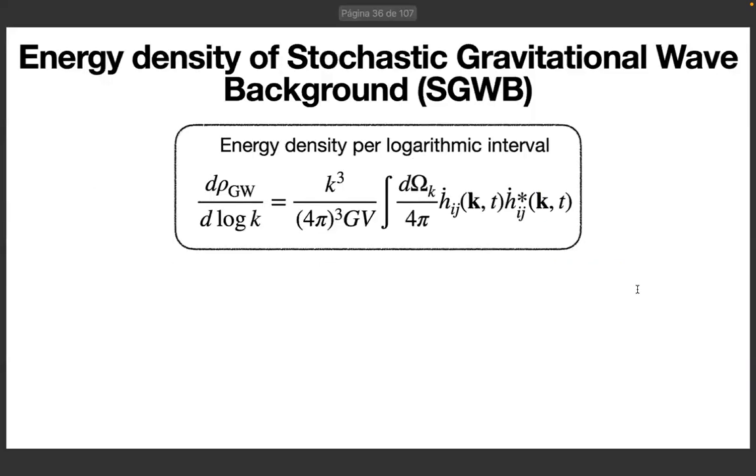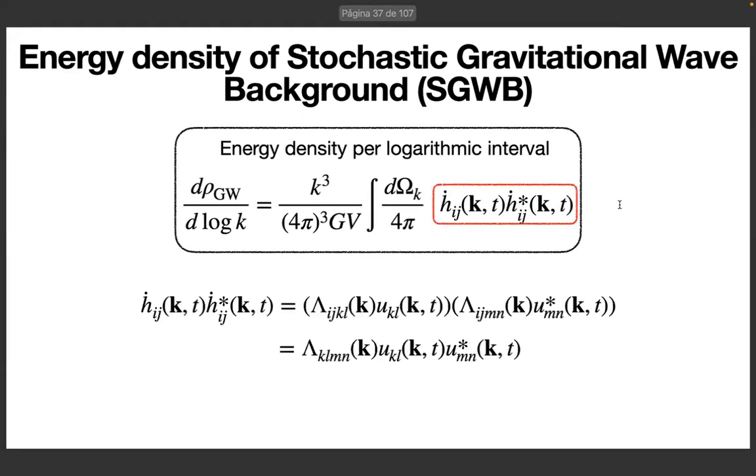So let's remember again, this is what I want to compute, which is the energy density per logarithmic interval. Here I have my transverse traceless tensors, which you know how to get whenever we need them. Let's rewrite this as a function of the U fields, the ones that I actually evolve.